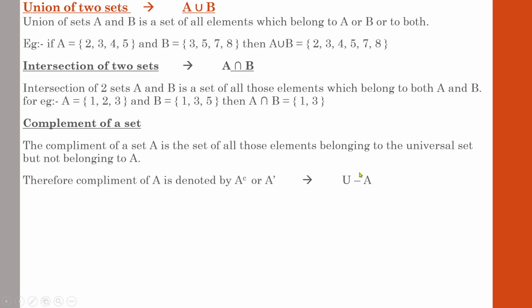A is that which is not there in the universe. It is known as U minus A, which can be represented by A raised to C or A dash. This is known as the complement of a set.